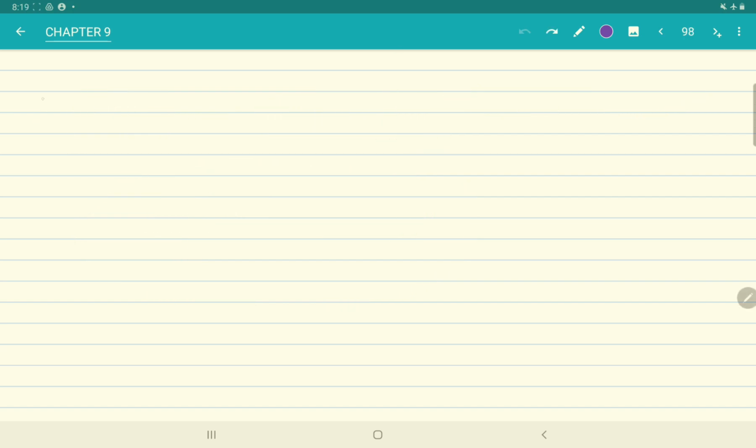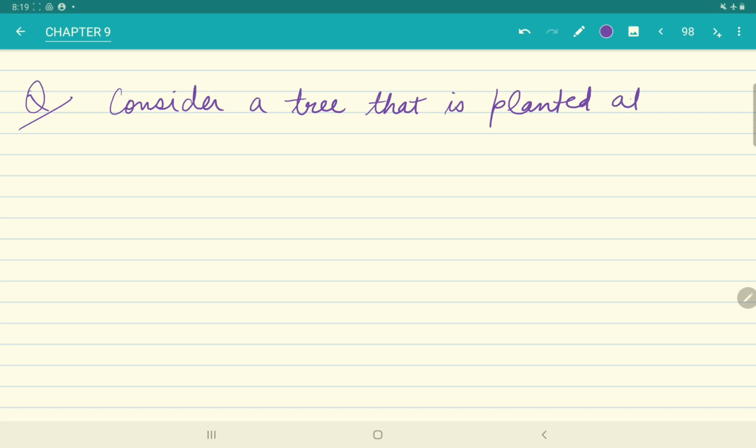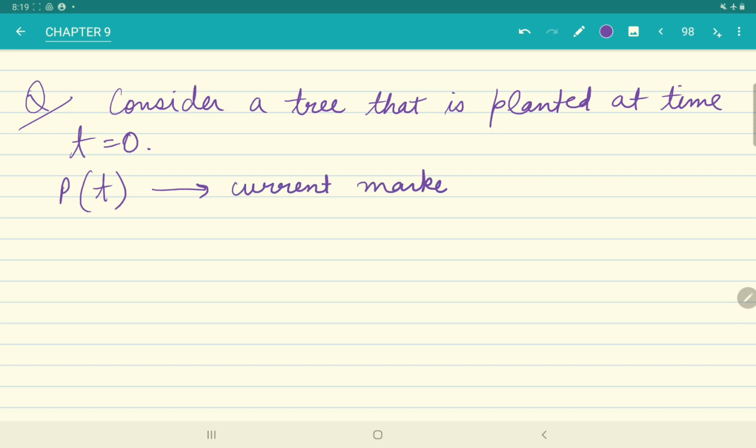Let's take up another question. Let's consider a tree that is planted at time t is equal to 0. Now let us say P of t is the current market value at time t.